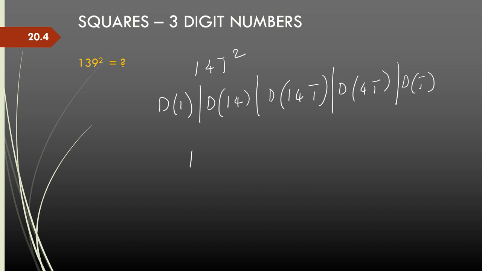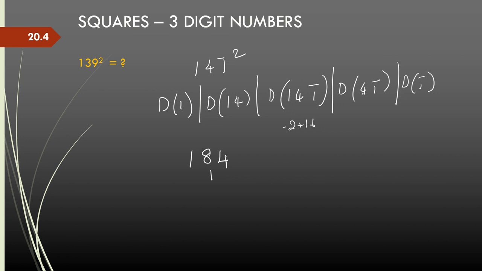So 1, duplex of 1 and 4 is 2 into 1 into 4, 8. Next part is duplex of 1 4 bar 1, which is 2 into 1 into minus 1, that's minus 2, plus 4 square 16, that's 14.